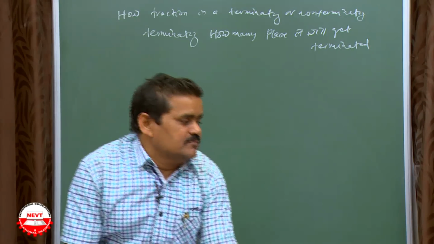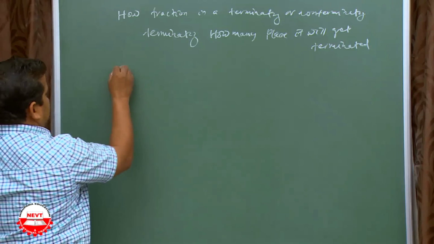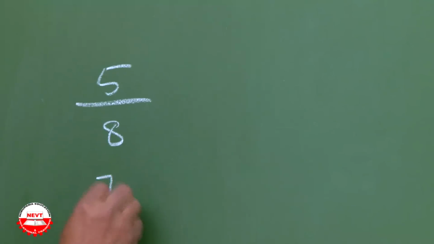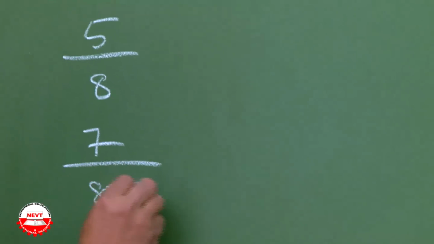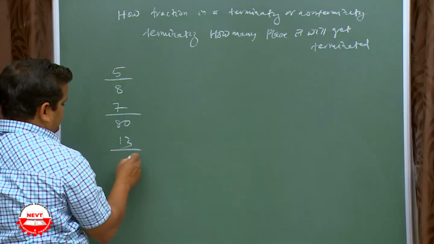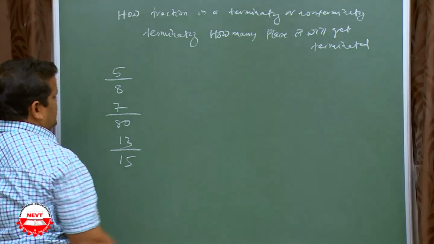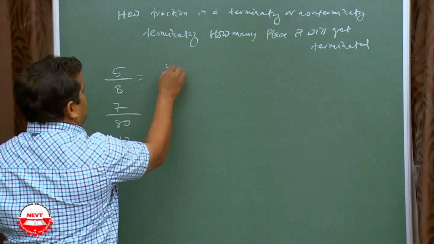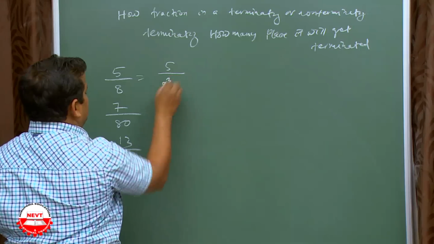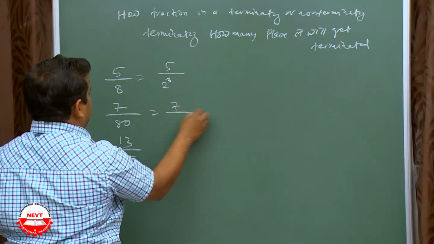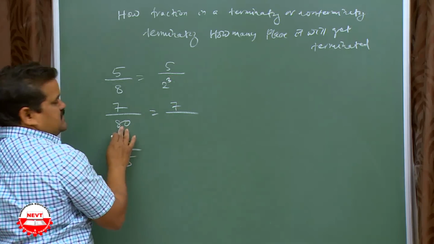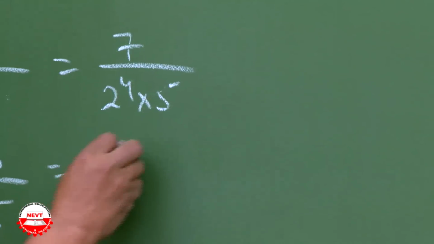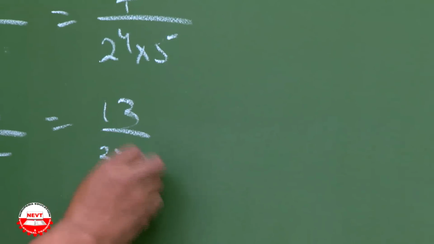Okay? Let's say 5 by 8, 7 by 80, 13 by 15, like this. Whether these are terminating or non-terminating, it is 5 by 2 cube, it is 7 by, factorize this, it is 16 5, that means 2 to the power 4 into 5, it is 13 by 3 into 5.